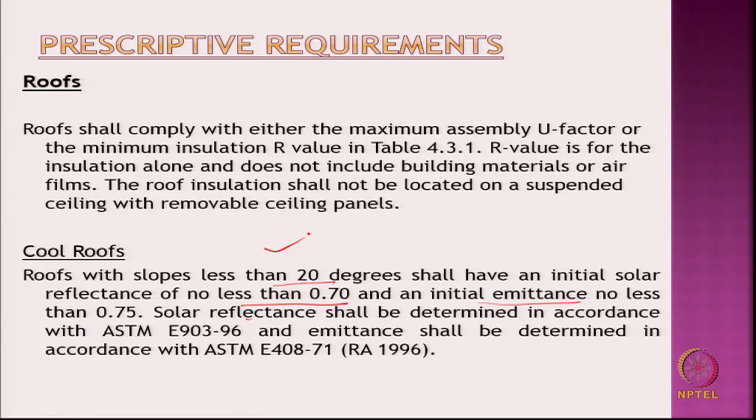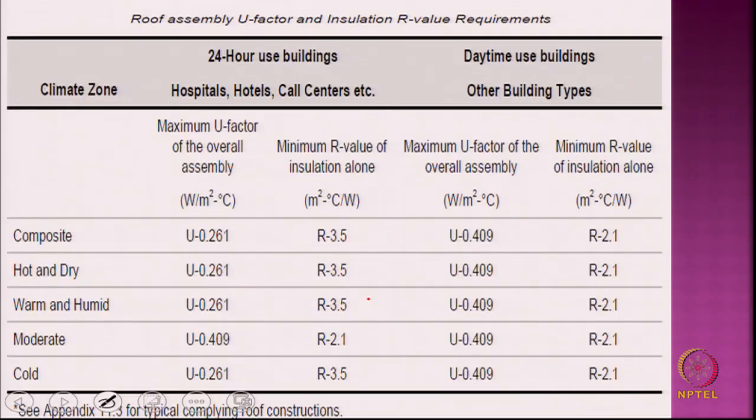So, the values you can always look into the code and find out, but the reason for this being prescriptive is that they have given you the minimum insulation you should be using, and minimum values of these properties. For example, two types of buildings are given, 24 hours application and daytime use building only.